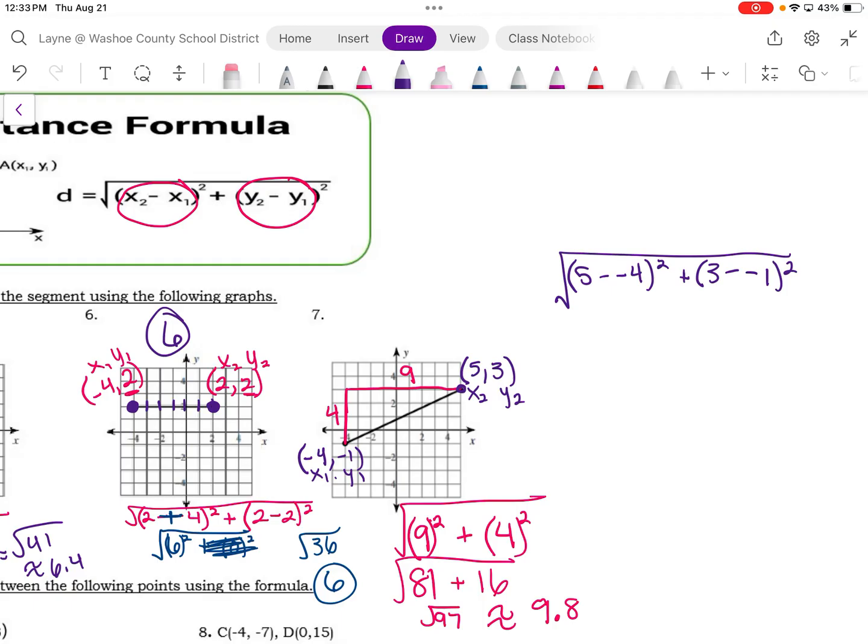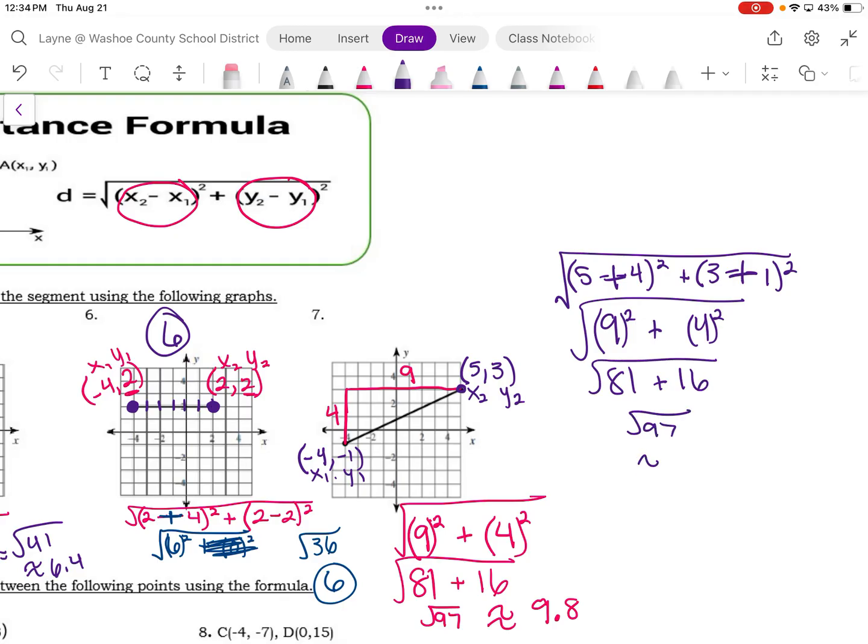Squared. Double negatives will become plus. So this is going to be 9 squared, and this is going to be 4 squared, which is exactly what we had the other way we did this. 9 squared is 81. 4 squared is 16. Add those together, we get square root of 97, which is about 9.8.